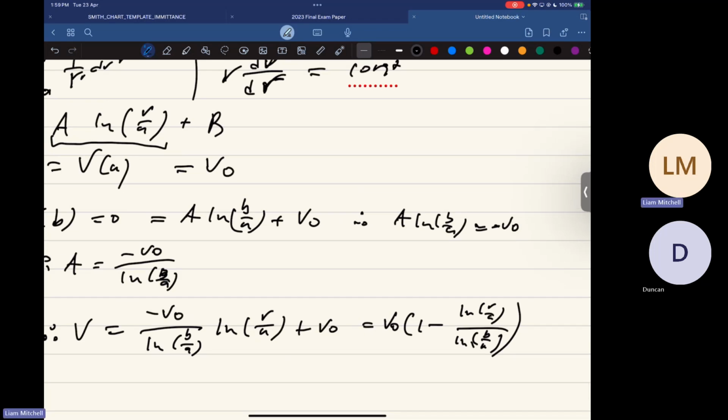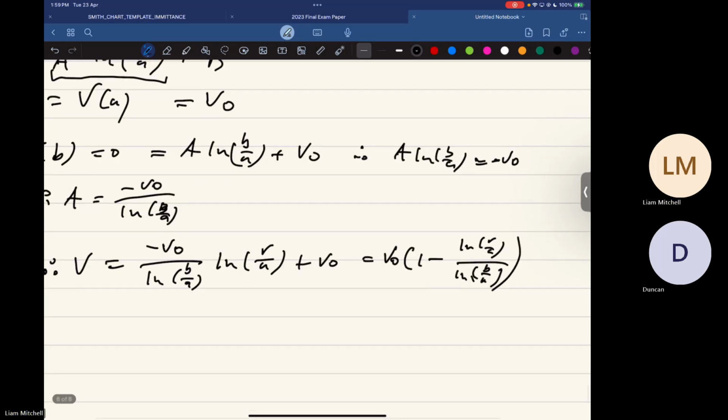We have our full voltage and we scale it by a ratio of logs of distances. All good? Great.